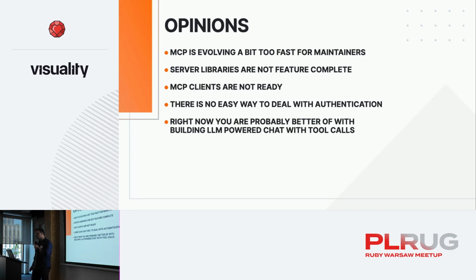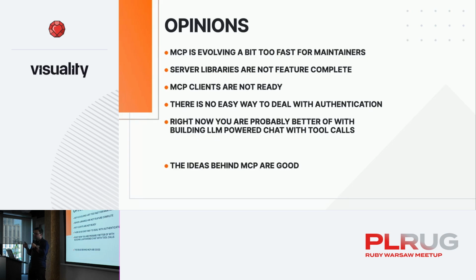And to be honest, right now, if you are going to build AI integration into your application, I wouldn't recommend doing it with MCP, because most likely you will have to provide your own client. And if you do, you can just create a chat and use tool calling in your application. That simply removes all moving parts from MCP. But the idea behind MCP is very good.